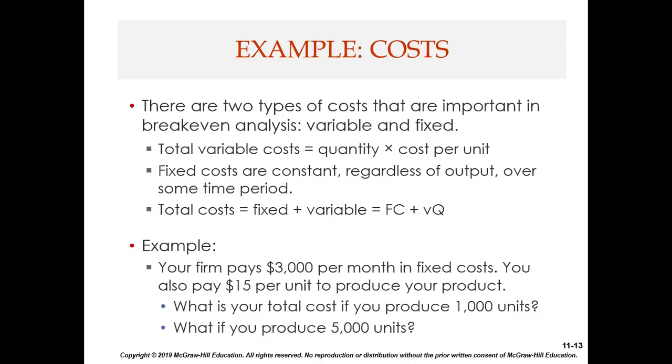For your 5,000, you would take 5,000 times $15 or $75,000. $75,000 plus $3,000 is $78,000. So it's all based on how much product. That's what's going to change, and it'll change the variable portion of your total cost.